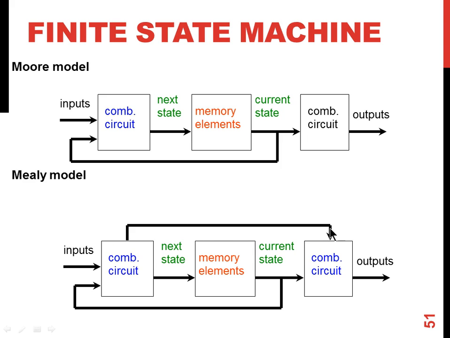Current state and input will determine the output of the combinational circuit, which will be the final output of the FSM. So Moore FSM output is dependent only on current state. Mealy FSM output is dependent on current state and input values. That's a key difference that you'll have to remember. You use a lot of FSMs later on in your design, so you have to understand and remember this difference when you design FSMs.